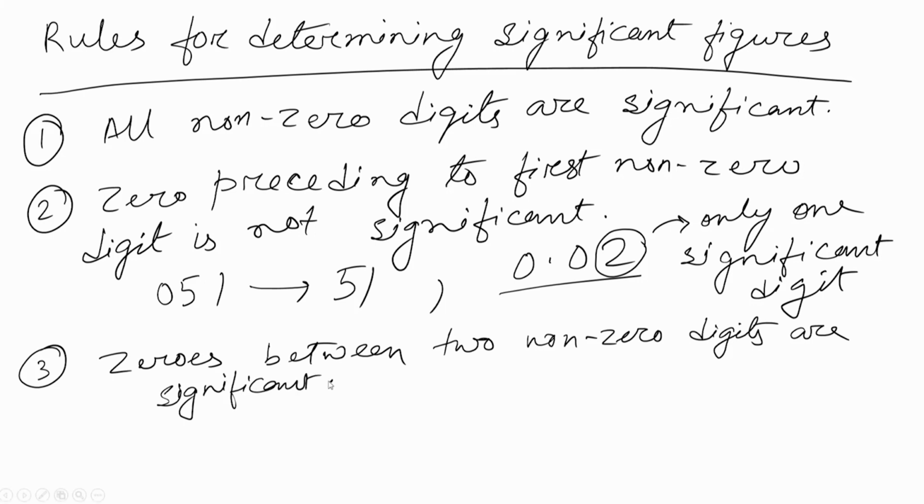Okay, let's say 203, 0.305. So, here this 0 is significant. Here this 0 is not significant, but this one is significant. Why? Because this was before the first non-zero digit, but this 0 is between two non-zero digits.